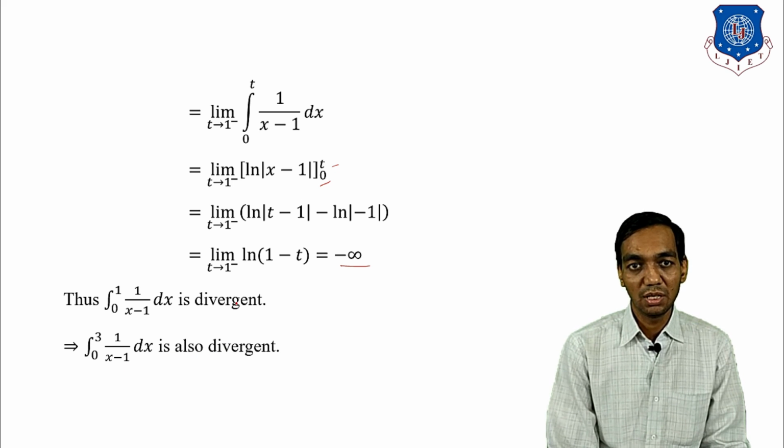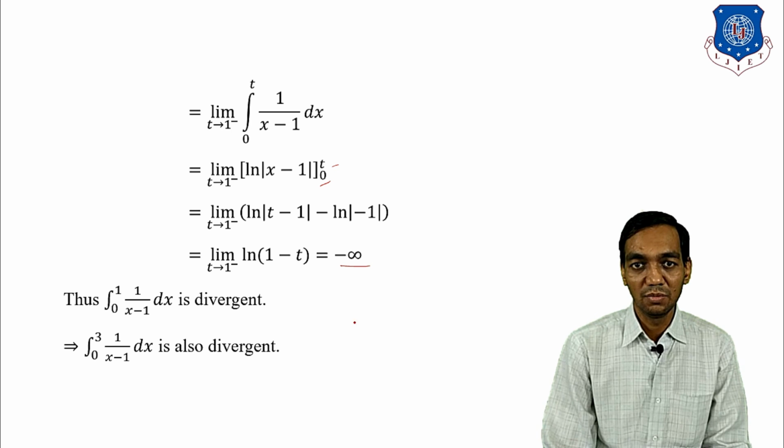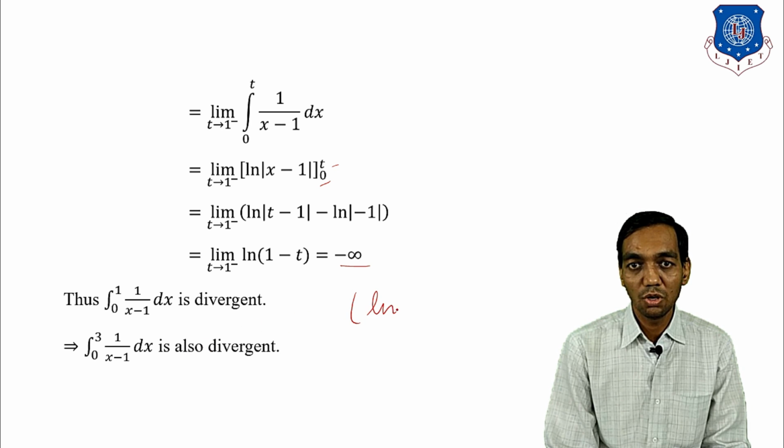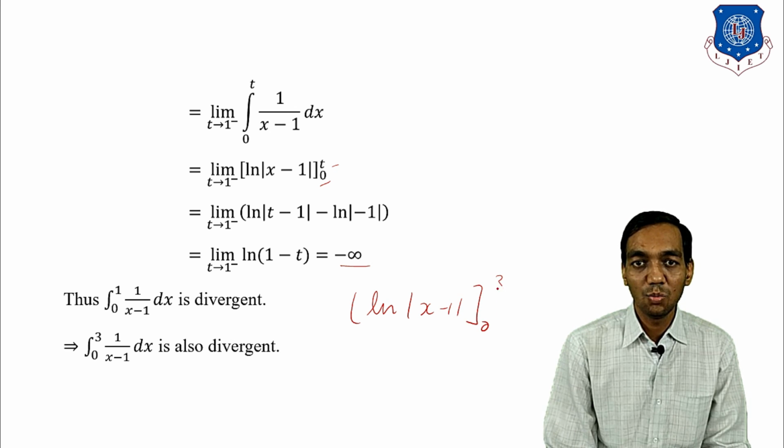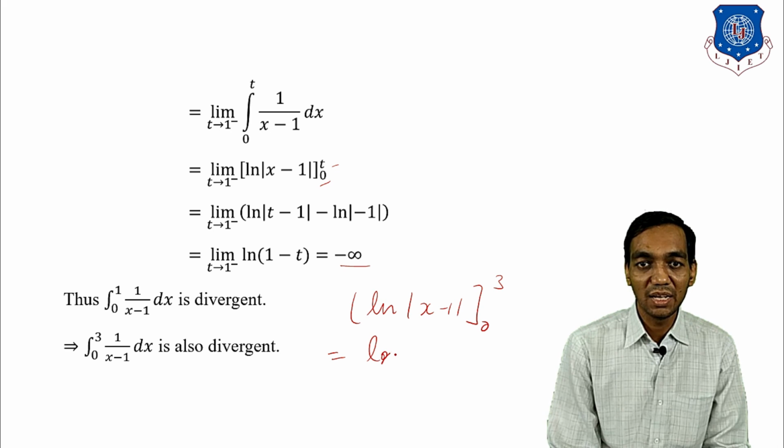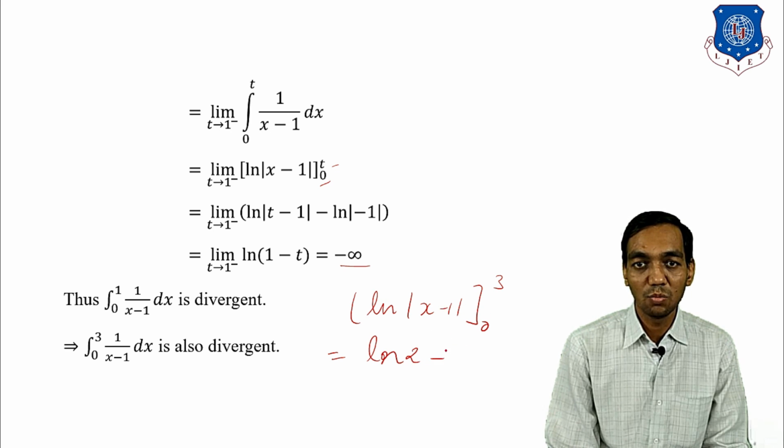Now see, please remember, if you are directly integrating this term, then in that case you are going to write this in the form of log of mod of x minus 1, and limit is from 0 to 3. Now put the limit, that will give log of 3 minus 1, that will be 2, minus 0, as log mod minus 1 will be 1. So your answer is going to be log 2.